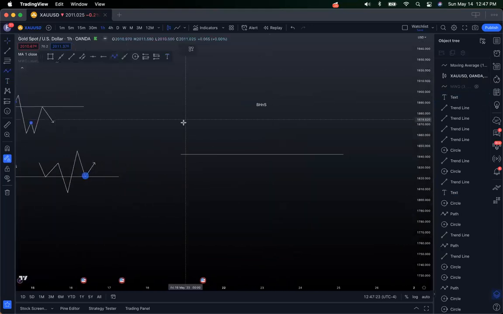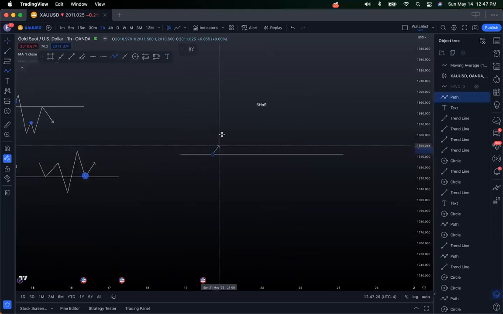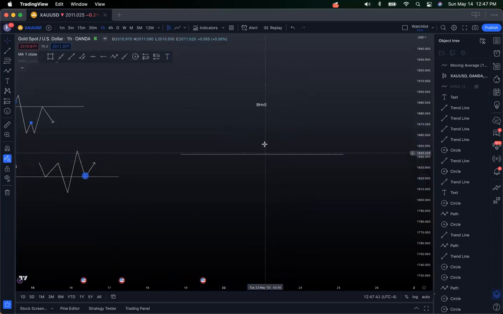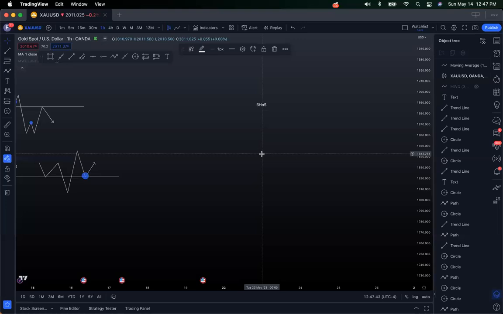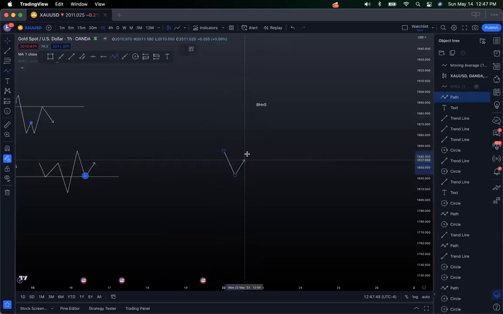It's going to look like this. So you have shoulder, head, shoulder, violation, and go.